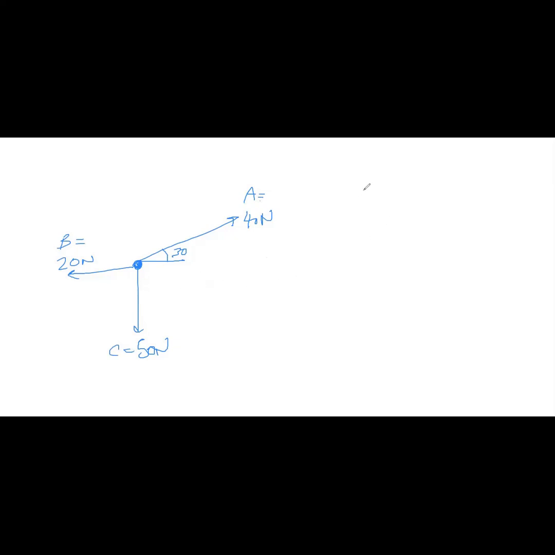Our goal in all of these problems is to find the resultant, exclamation point, because it's so exciting. To do that, we use what we call the component method. Step 1: break into components.